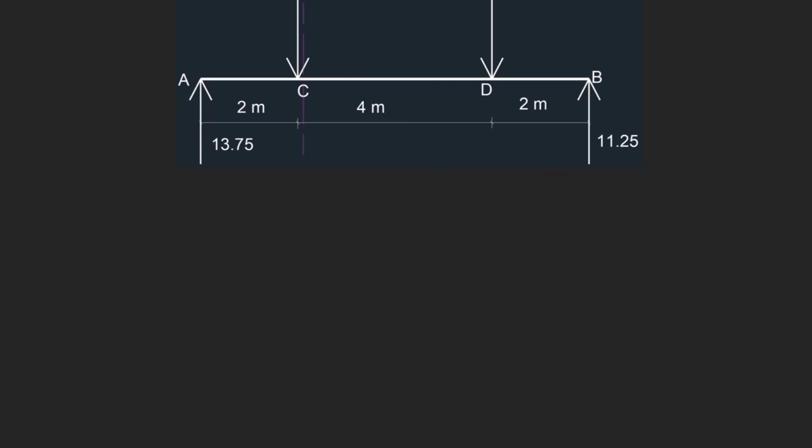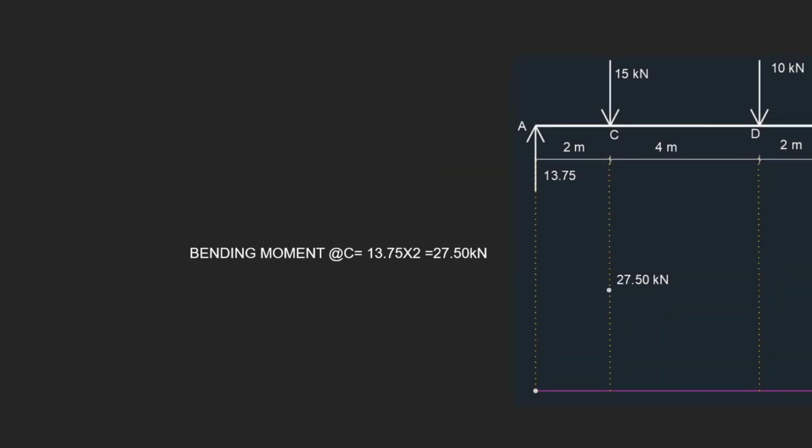Now let's consider the section just after the point C. Here we have one load on the left side, 13.75 at a distance of 2 meter, which will produce a clockwise moment, that is, left side clockwise means it is positive moment, of 27.5 kilonewton meter, that is 13.75 into 2. Let's mark this in the bending moment diagram.